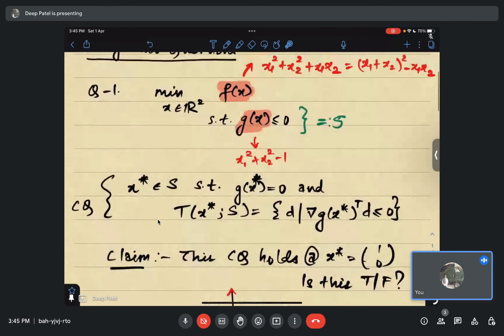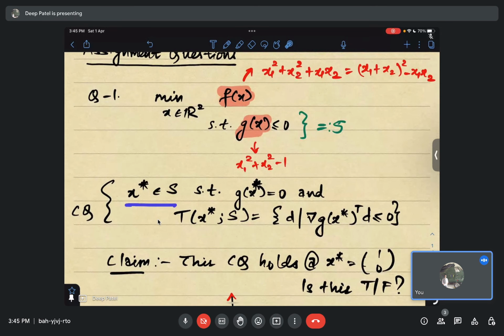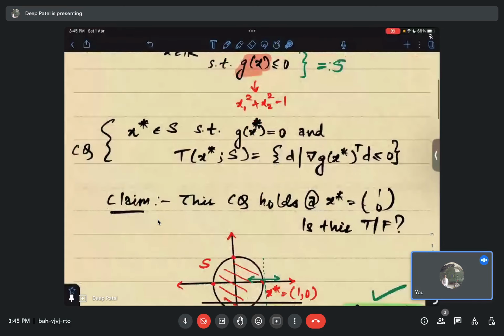Just to recall, for constraint qualification to hold, what do we need? We want the constraint to be active, and we want the tangent cone to be specified as per this d, such that it makes an obtuse angle with the gradient of g at x star, right? That's our idea of tangent cone.